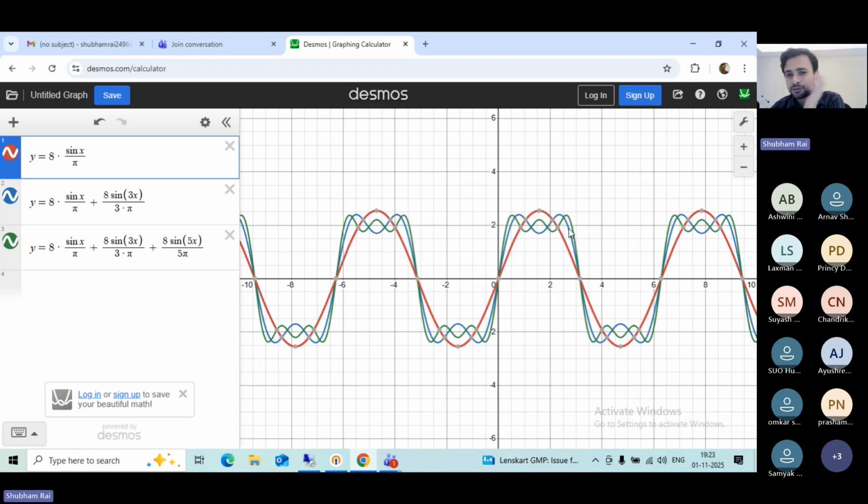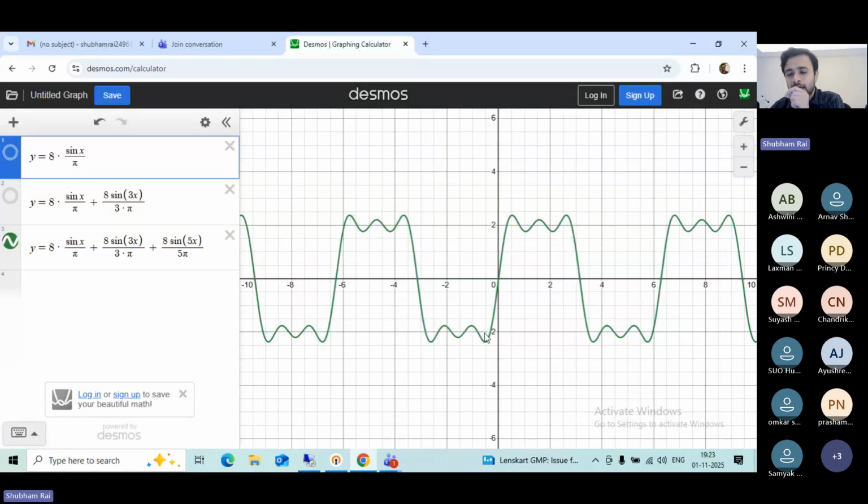And you see how nicely my third partial sum is trying to approximate my periodic function. Although it was a rectangle, if you take 7 or 8 terms, it will almost look like a rectangle. That's how Fourier series approximates your periodic functions.